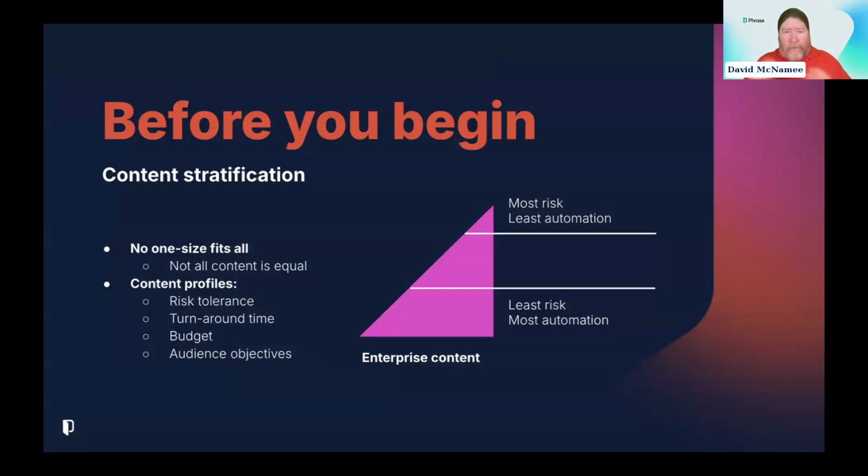But I do want to point out that as we go into the automations, it's really important to take a breath and realize that not all content is created equal. When we look at automation scenarios, we're going to go from a very low automation situation where you have high risk content that you're trying to really impact people's decision making.